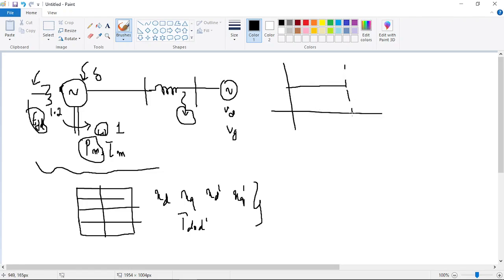Now at any particular time, some disturbance occurs. Maybe the governor failed, or the excitation system failed, or some fault occurs. After that, let's say if this is the graph of omega, the speed will change.